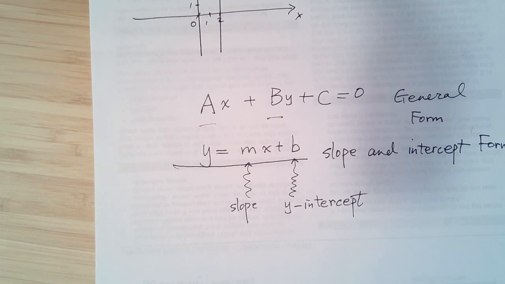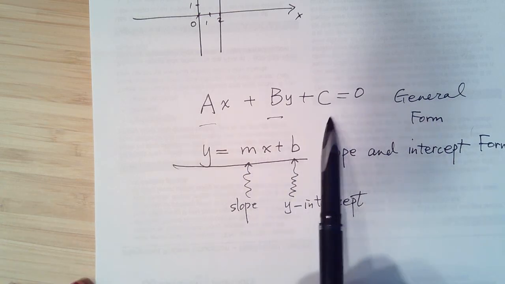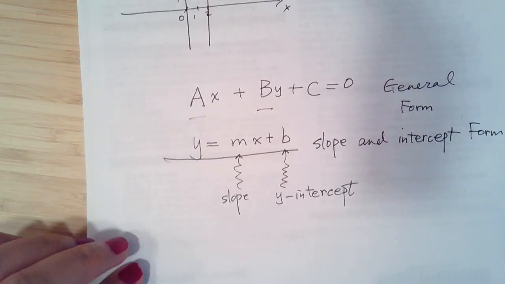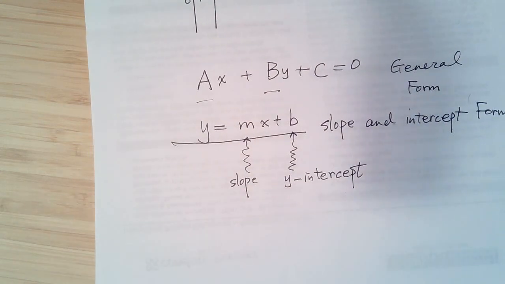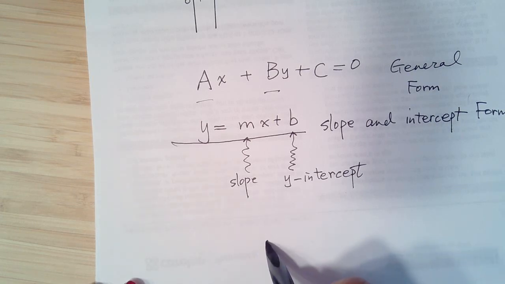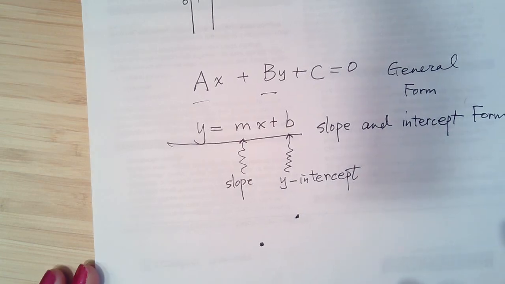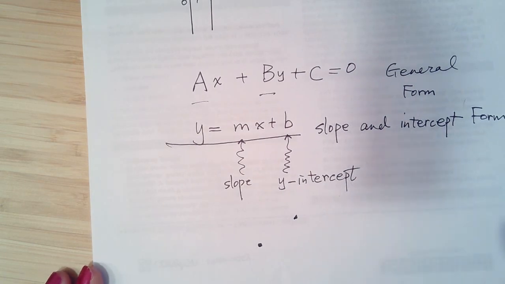All right, the reason I give you these two forms is that we're going to deal with this one first, and we'll talk about the other later. For slope-intercept form, think about a line. If I give you two points, point 1 and point 2, (x1, y1) and (x2, y2), can you give me the equation of that line?